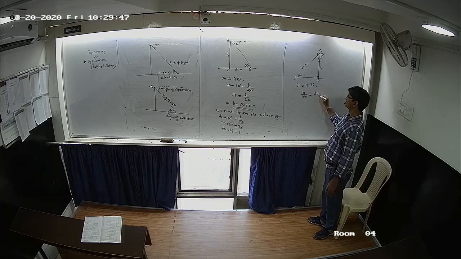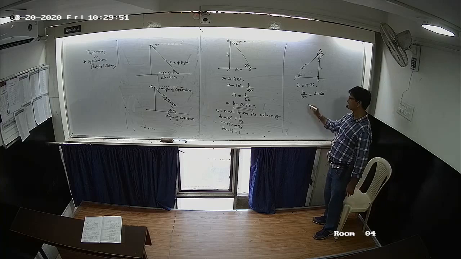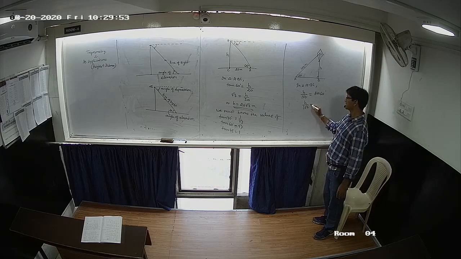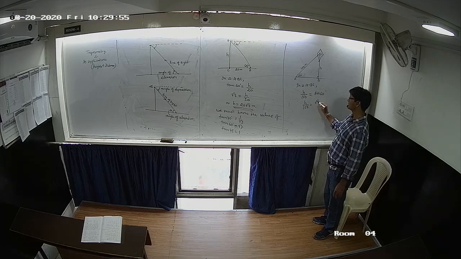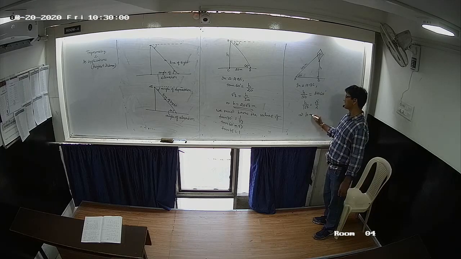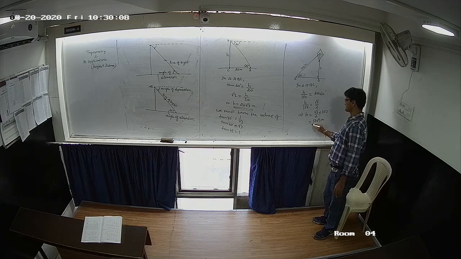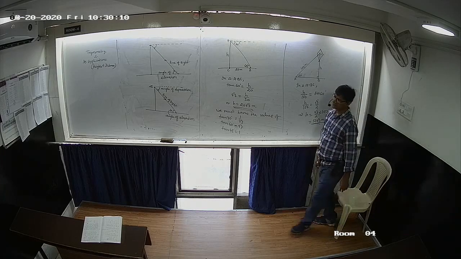That ratio is sine of what angle? 60 degree. So we get h upon 100 is equal to sine 60. We know the value is root 3 upon 2. So h is equal to root 3 upon 2 into 100, that is 50 root 3 meters. This is the height of the kite from the ground.